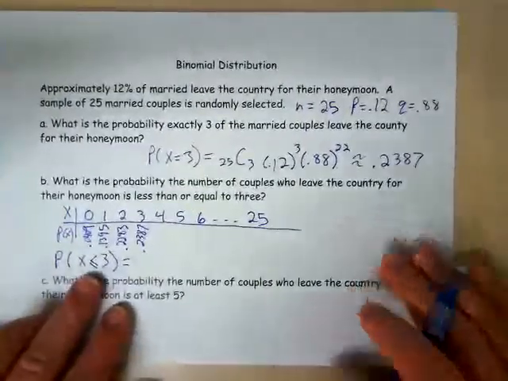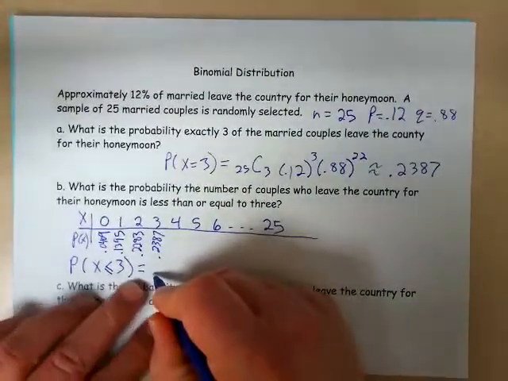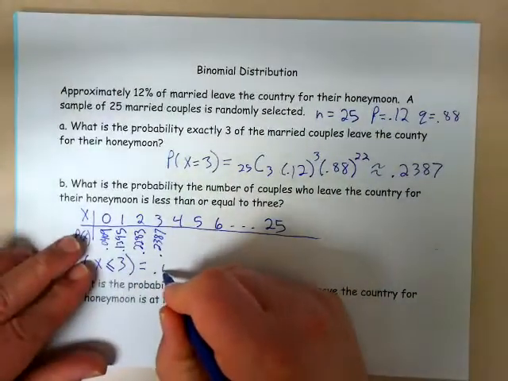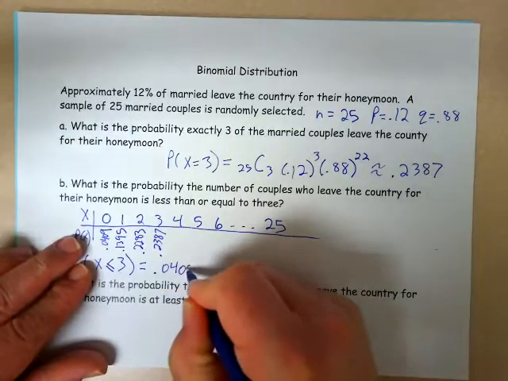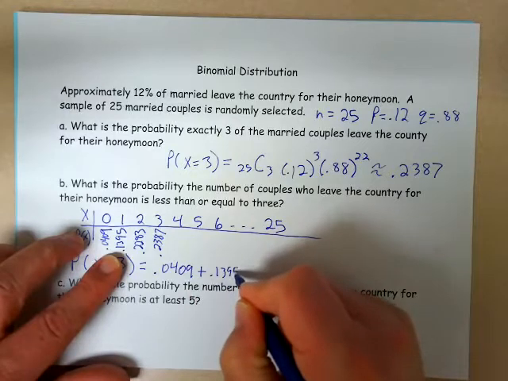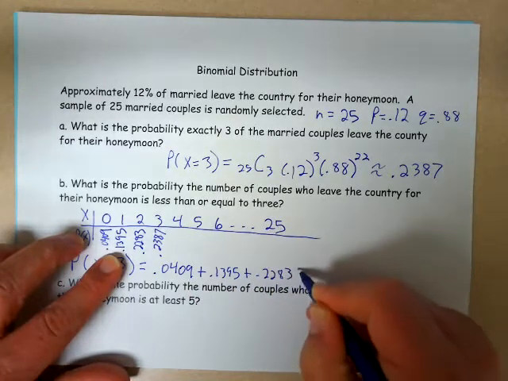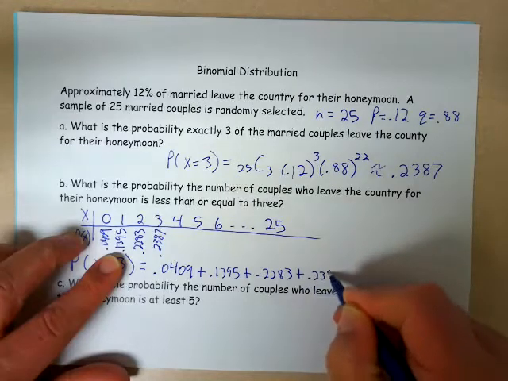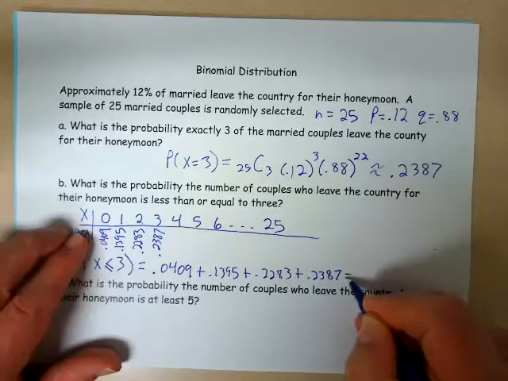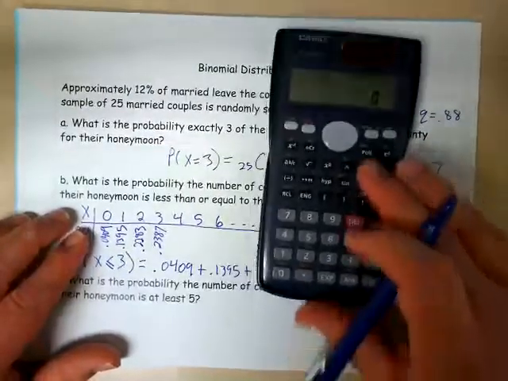To answer the probability that x is less than or equal to 3, I am going to add 0.0409 plus 0.1395 plus 0.2283 plus 0.2387, and add these together.